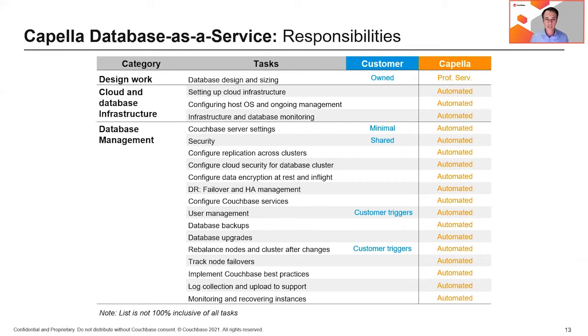Yes, there will be initial design work and scoping and sizing work that the customers will do with Capella. Security is always a shared responsibility and so forth. But most everything else is handled in an automated way here.